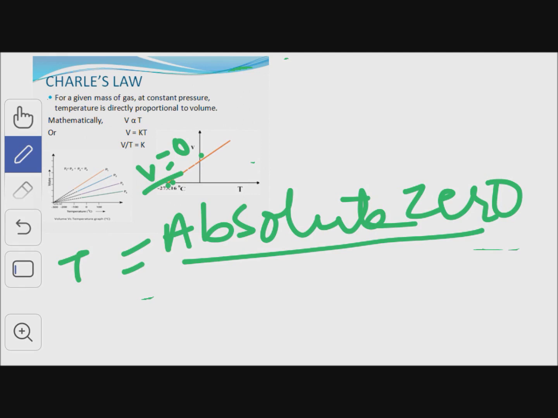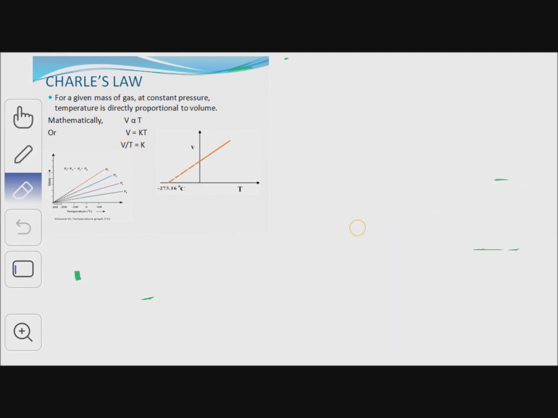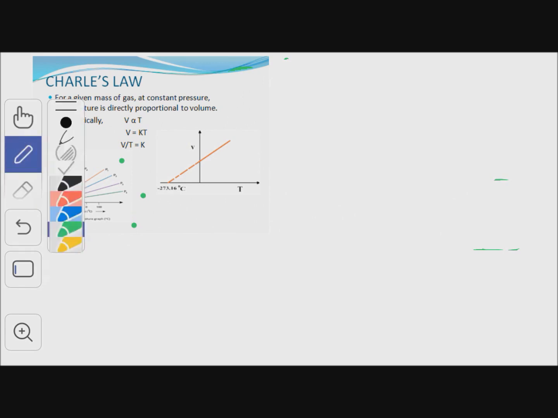And in the next graph, if we plot a graph of different gases by keeping the pressure constant, there is a linear increase in volume when we increase the temperature.